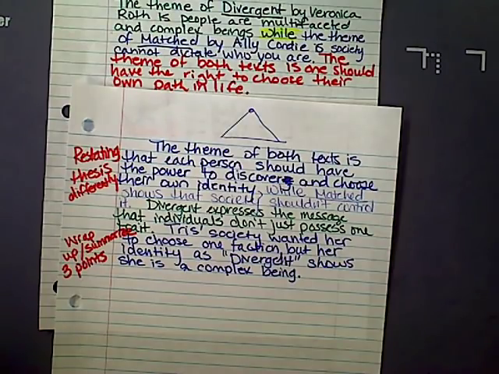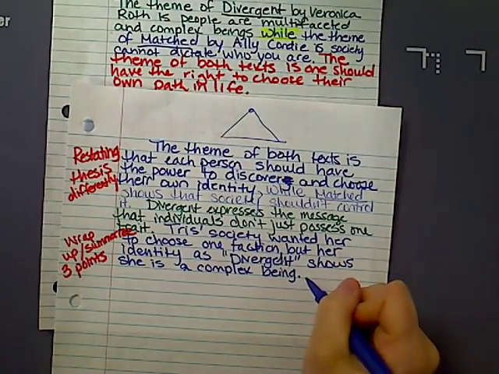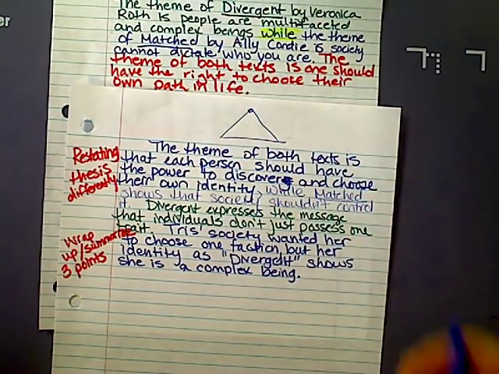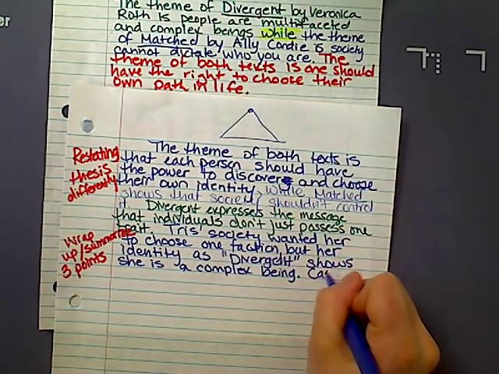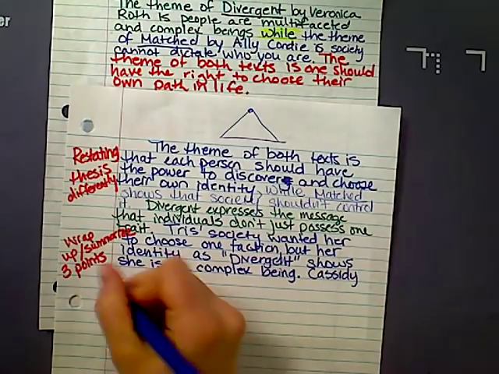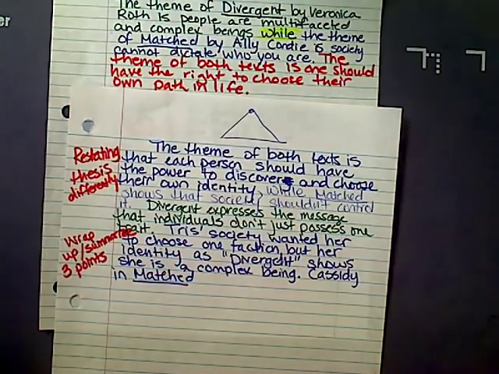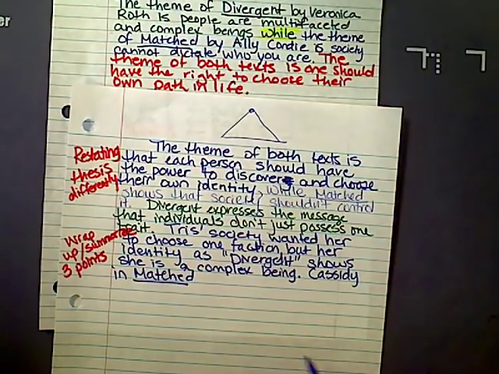And I'm doing a very bad job at color coding, so I'm just going to continue with blue. Now I've got to go to my second point. And then I'll say Cassidy in Matched. And here, society tried to pick her husband, who she would marry.